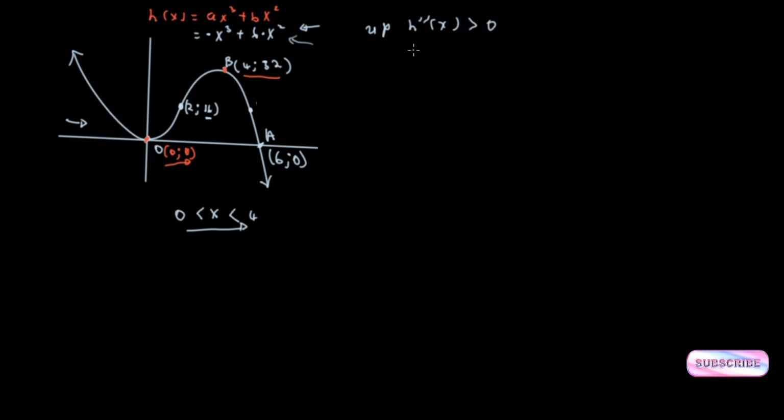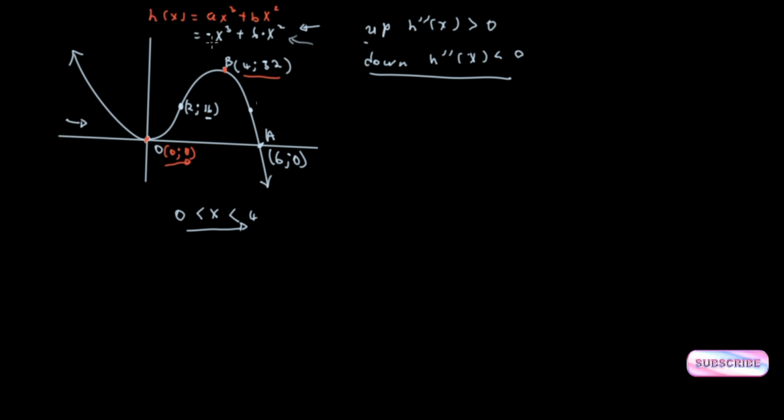For one that concaves down, it means its second derivative is less than 0. So let's look at the one where it concaves down instead.